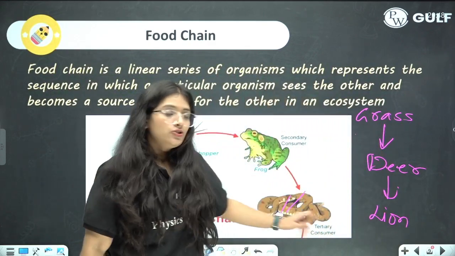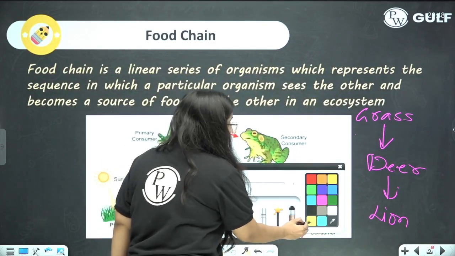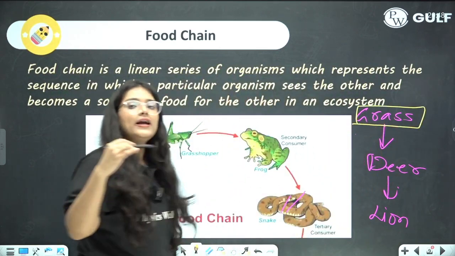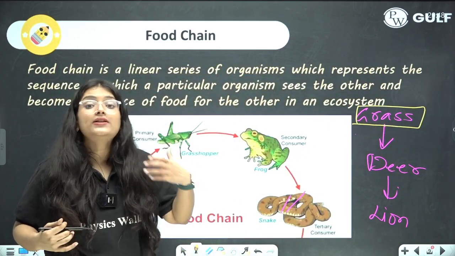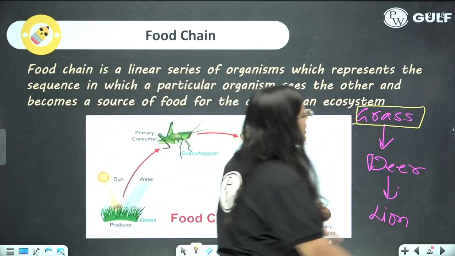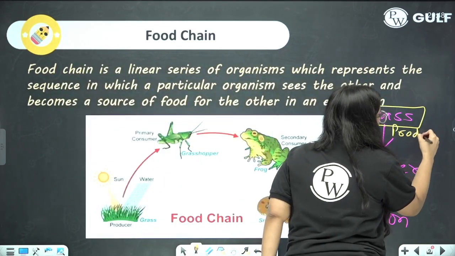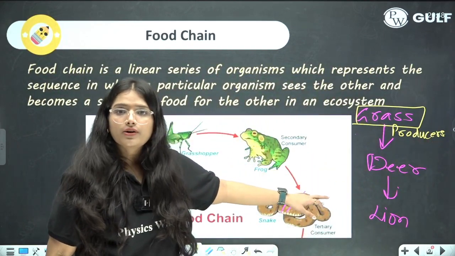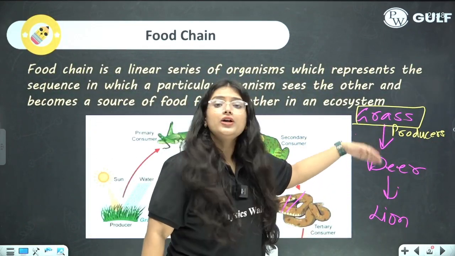Okay. So now let's consider this. You can see that the grass will make their own food. They are autotrophic, so they are the producers. Now the deer is an herbivore, and this herbivore will feed on the grass.